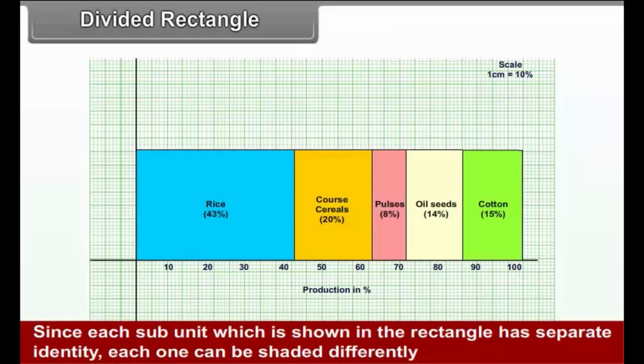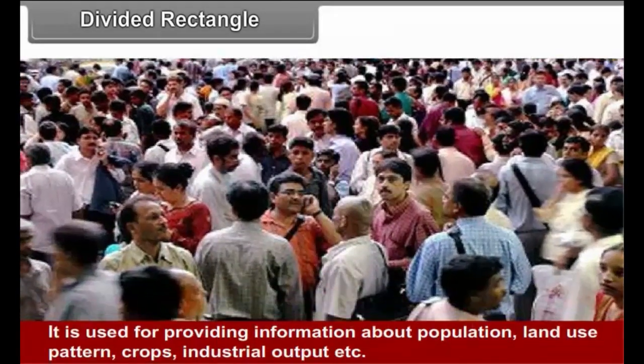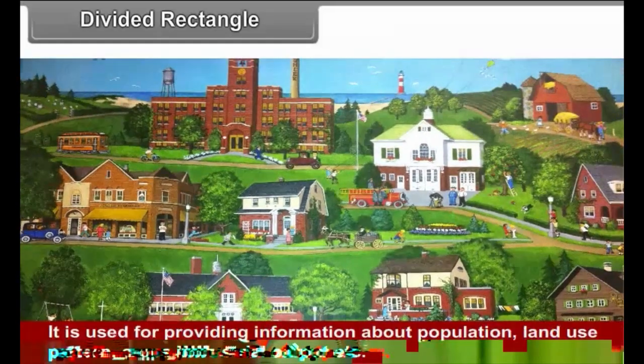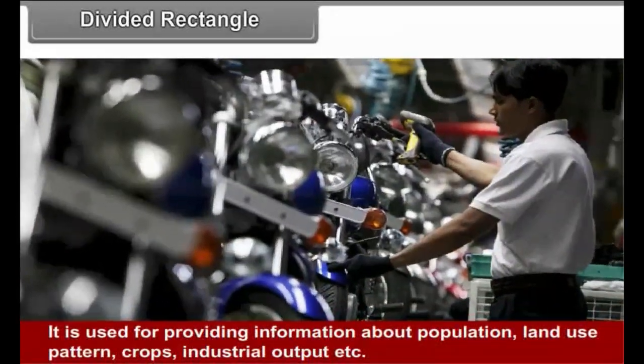Since each subunit which is shown in the rectangle has a separate identity, each one can be shaded differently and a legend can be given to understand it easily. It is used for providing information about population, land use pattern, crops, industrial output, etc.